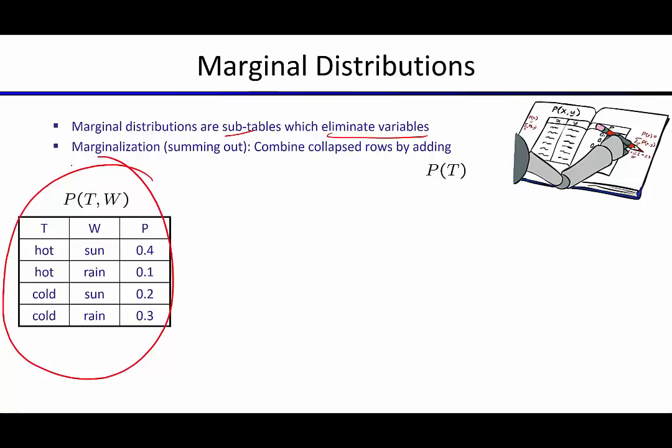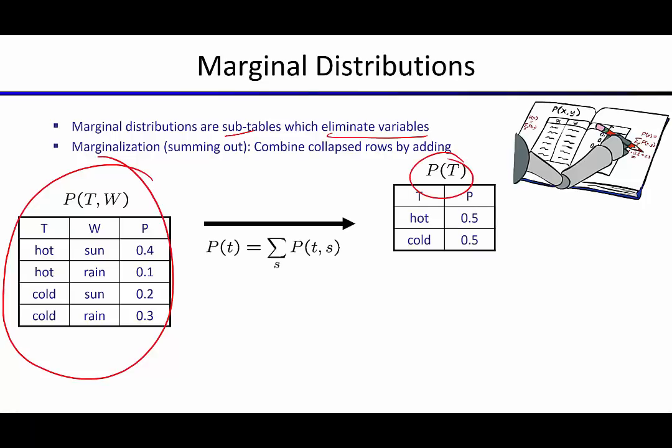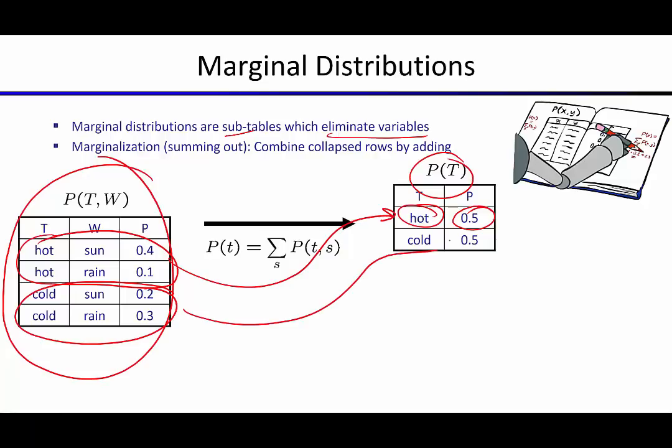And we're interested in the marginal distribution over just temperature. All right, so we're interested in building a table for just temperature. The way we get the 0.5 is by looking at the probability of the event hot, these 2 entries here, sum them together, add it over there, same thing over here. And this here is the equation that encodes that.